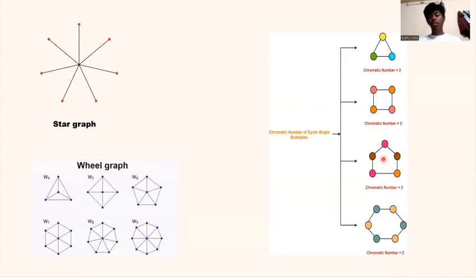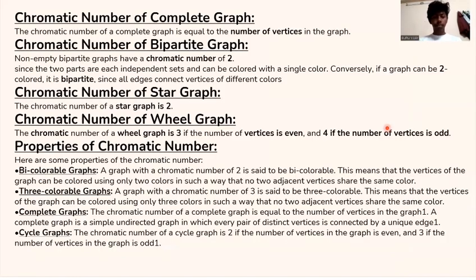Based on whether the number of vertices is even or odd, we can determine the chromatic number of the cycle graph. If the number of vertices is odd, then the chromatic number is 3. If the number of vertices is even, then the chromatic number is 2 for cycle graphs.